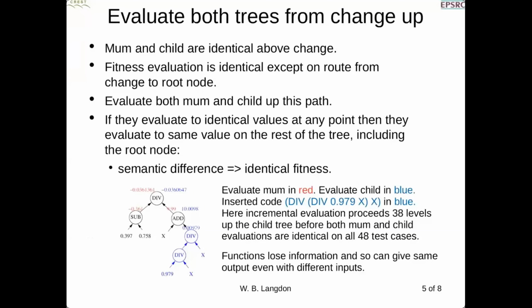And what we're going to do is evaluate the parent and the child all the way along this route. The point being, if at any point on a test case, the parent and child are identical, they'll remain identical on the rest of the route to the root node. So we have a case where we can have a semantic difference between the parent and the child and still get identical fitness. And that's what this little picture is trying to show. The original parent are the nodes in black.